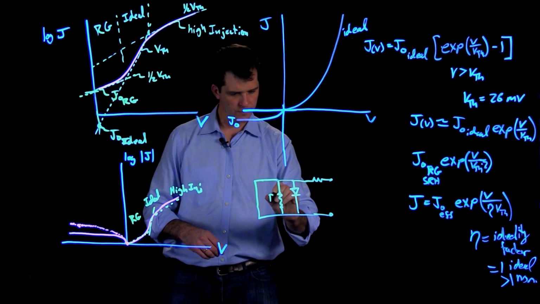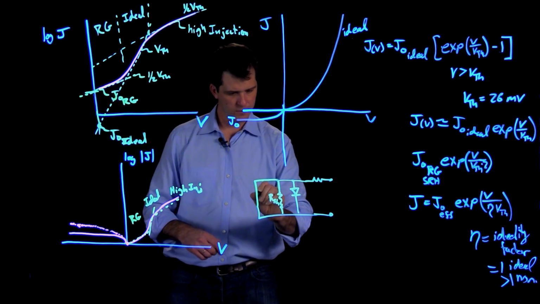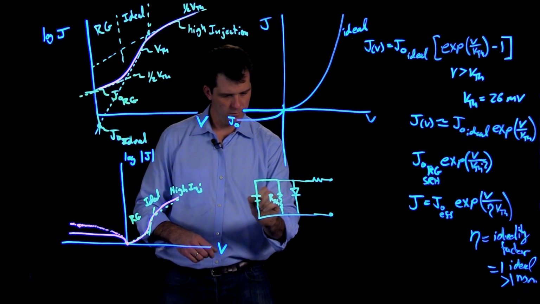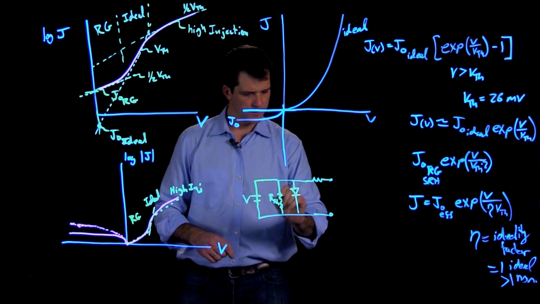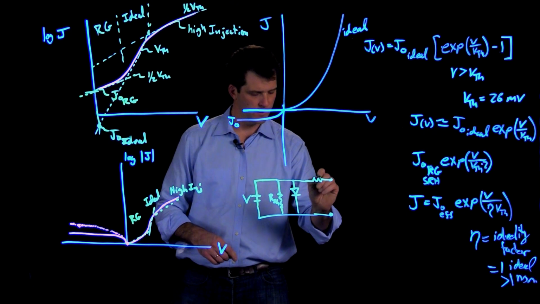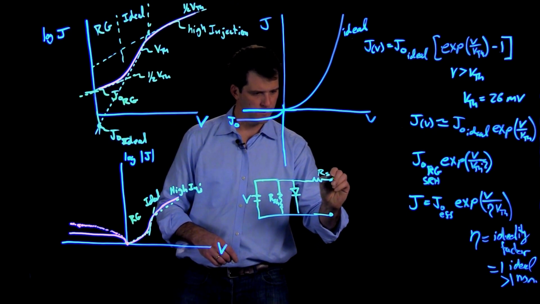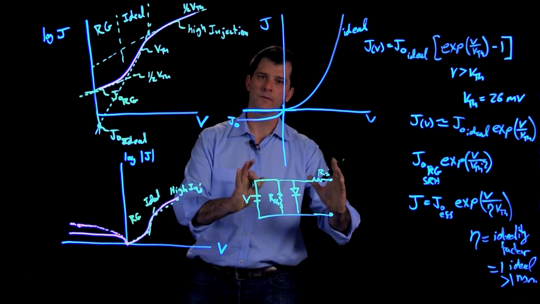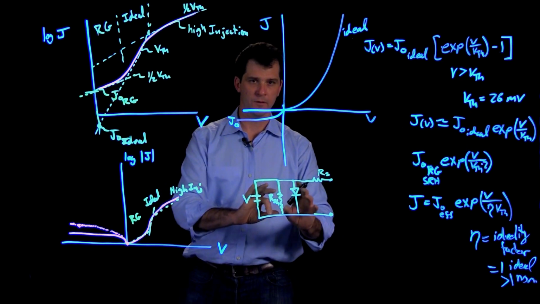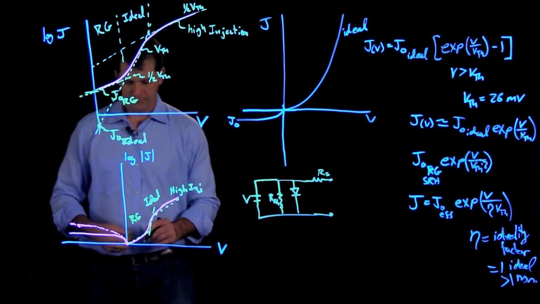So we could call this our shunt, and we're going to apply the voltage here. Our shunt, here's our diode, and then this is our series. And we put a black box around this, so to the outside world, this circuit is what we're seeing.